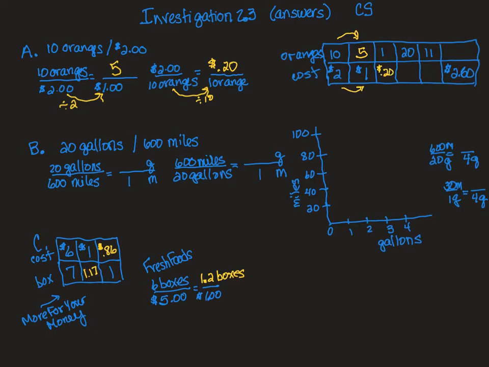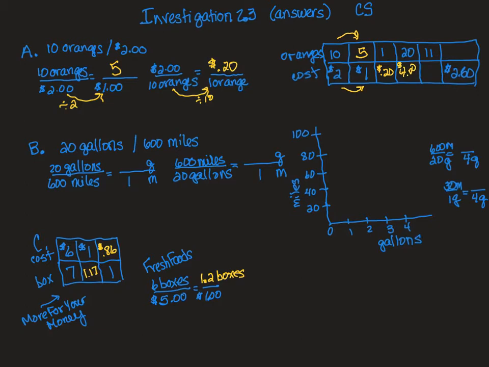Okay, and if I have 20 oranges, this is what's great about a unit rate. If I have 20 oranges, then I know how to get the cost of all of them. I'm going to take the 20 and multiply it by 20 cents, and I'm going to get $4. That's kind of a lousy $4, but whatever.